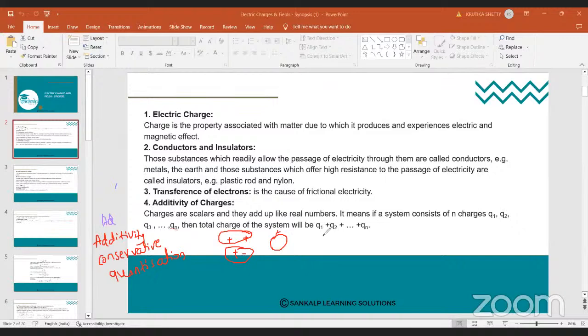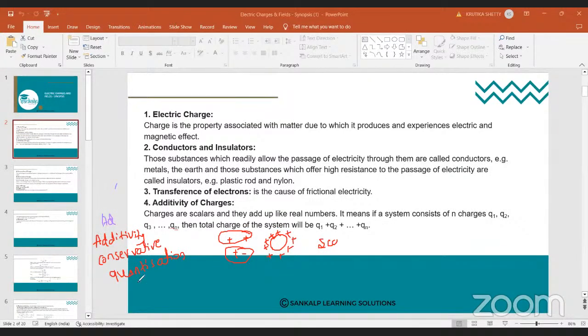Then next we have, charge is a scalar quantity. So these are some of the properties of the charge. Among these, the important property is quantization of charge. So what is quantization of charge? Quantization of charge is an important property.